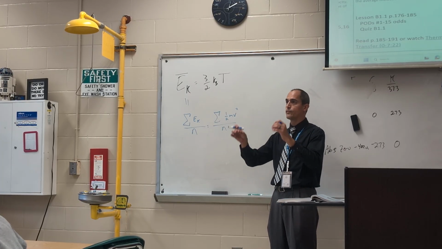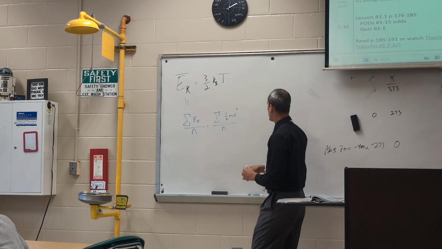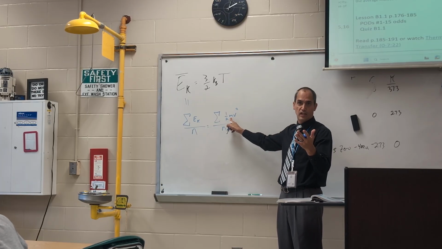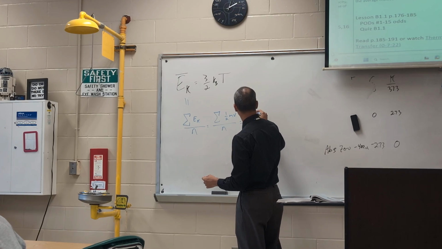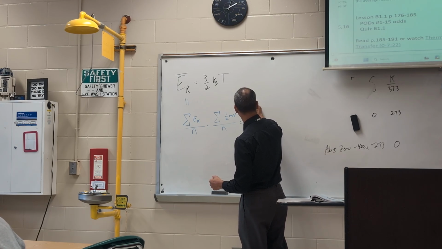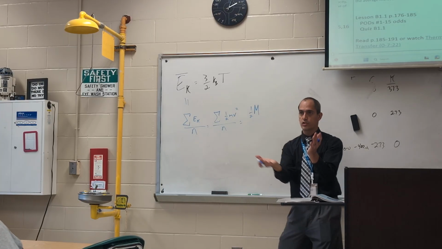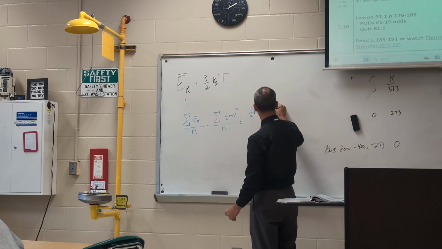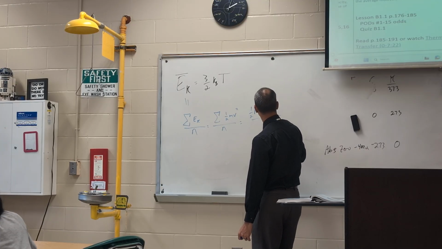Like we only have oxygen, or we only have helium. So then the mass of each thing is going to be a constant, and we can factor that out, and this is really one half times the mass of the collection of the particles, so I'm going to call that big M, times the sum of the speed squareds.